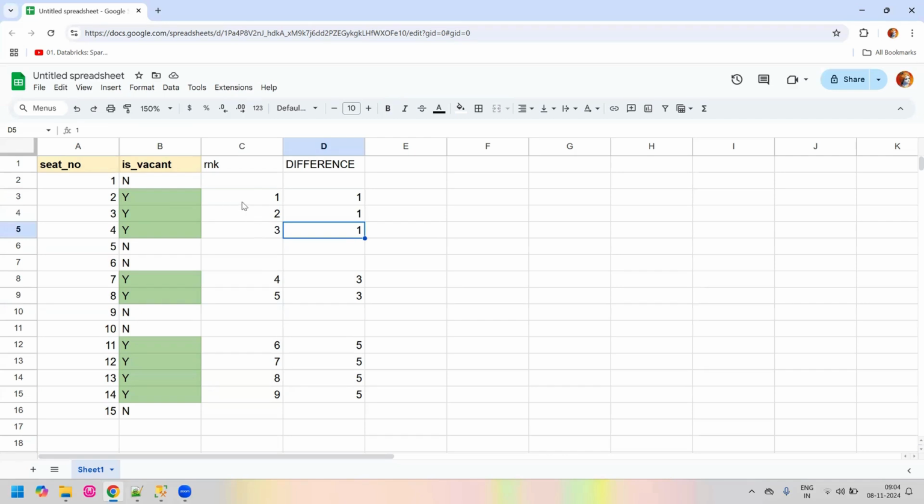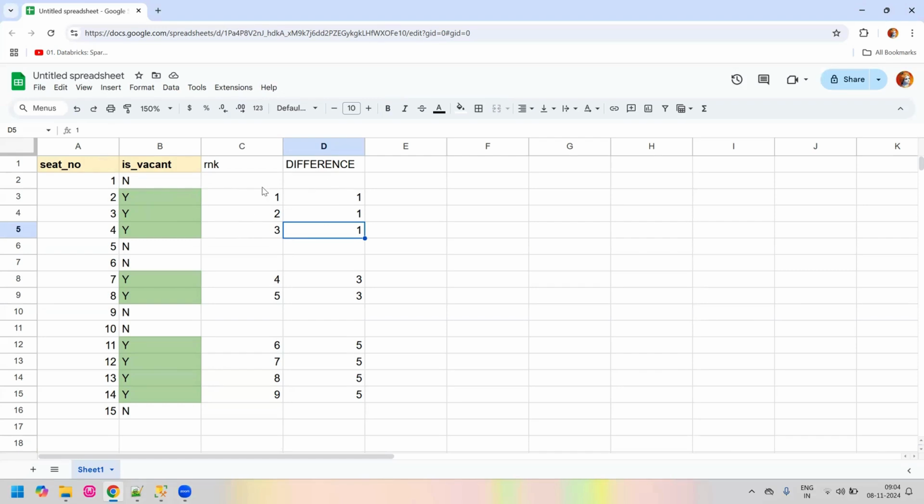This is a very important property whenever we want to find consecutiveness between two increasing columns: if we take the difference between such columns, we get the same value for each entry where there is consecutiveness.